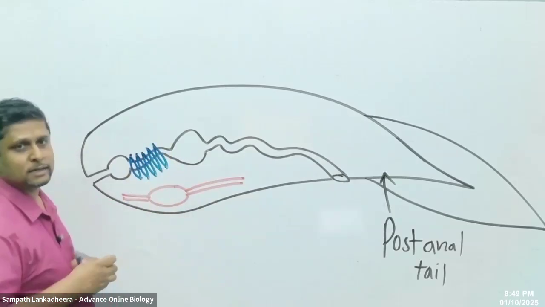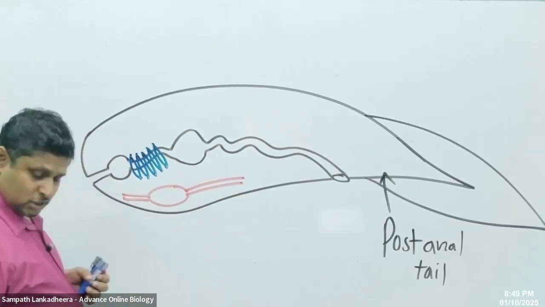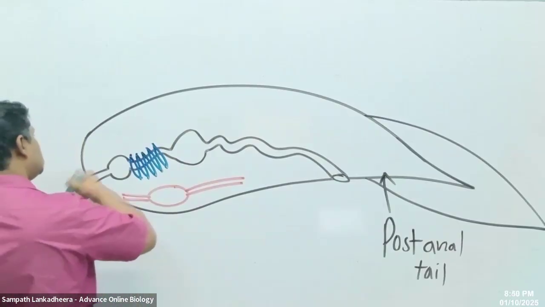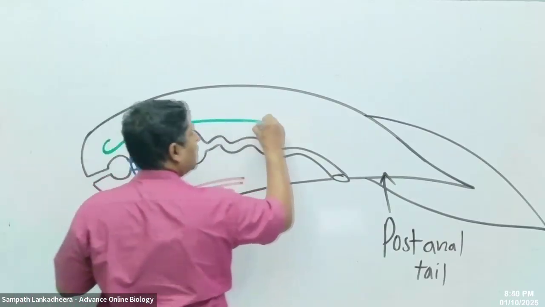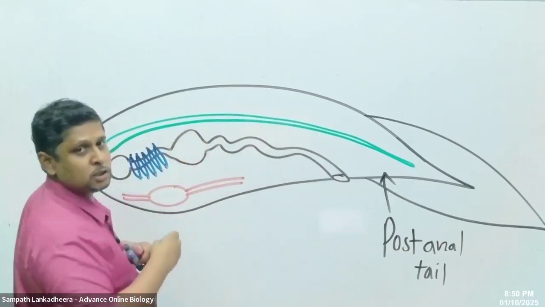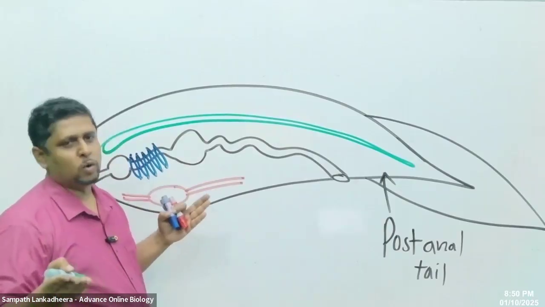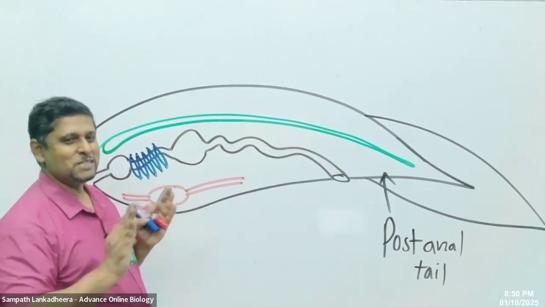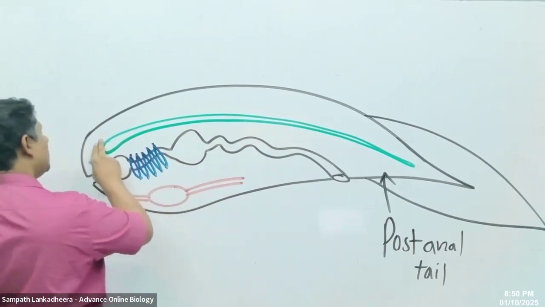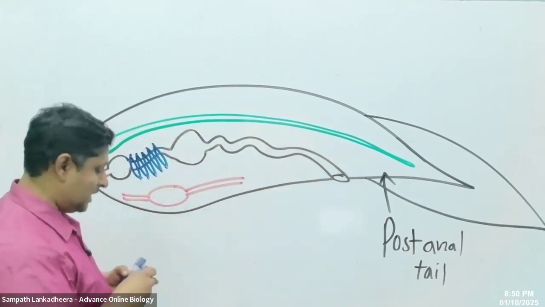Pharyngeal gill slits. That's another feature. And here, above the GI tract, a support structure is available. That we call the notochord. It's a supporting structure present along the body. An extension of the notochord enters into the tail.